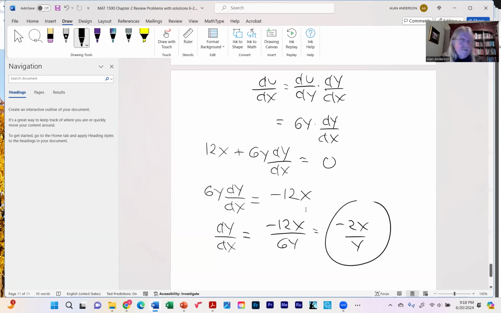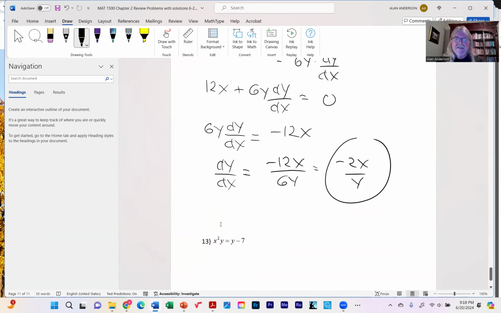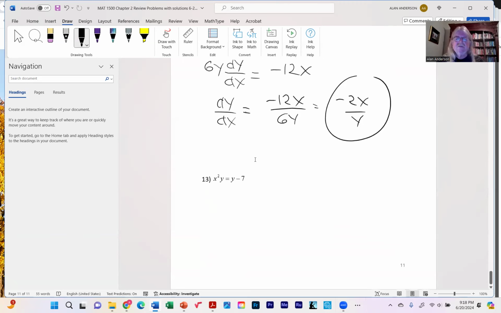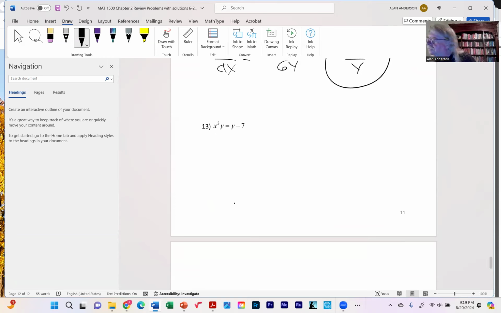All right. Now, one more. That's it, and this one is typed correctly, I see. We're going to have the derivative of x squared y equals the derivative of y.